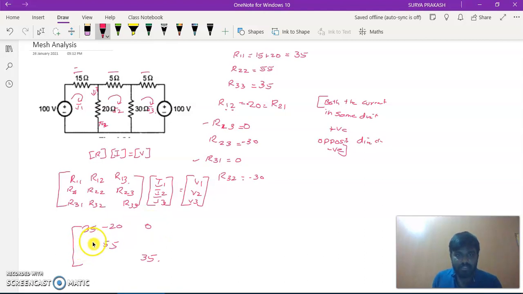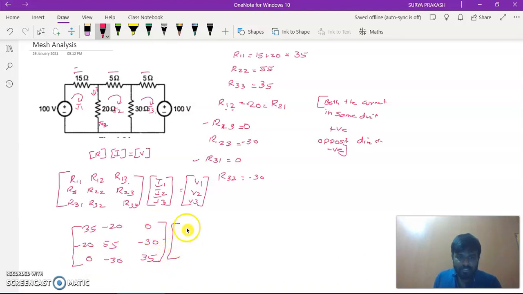R21 is the same as minus 20, and R23 is minus 30. R32 will be the same as 30, and R31 will be 0.